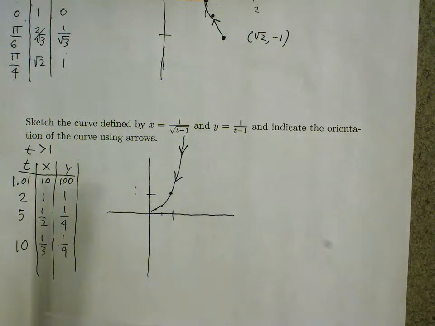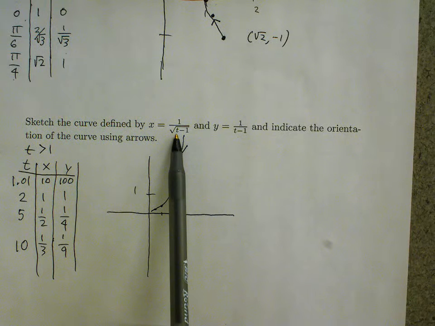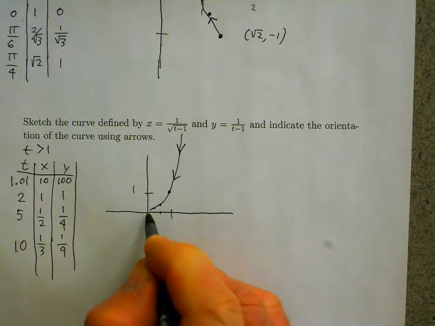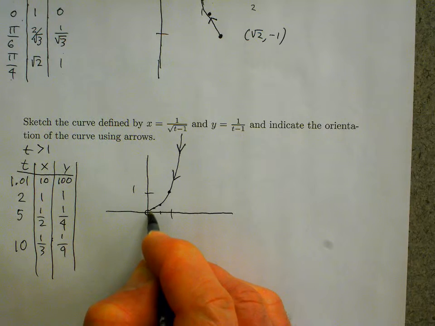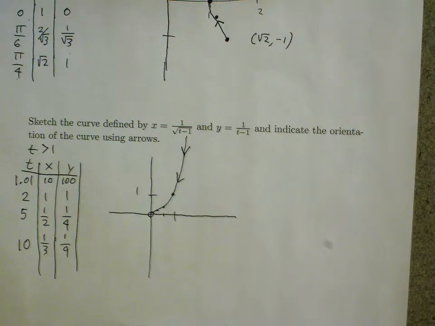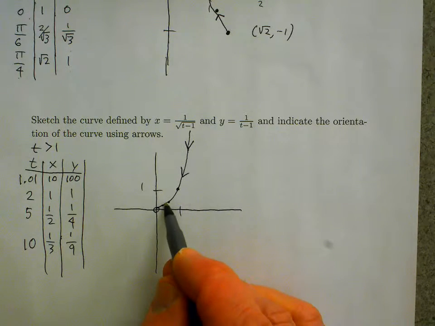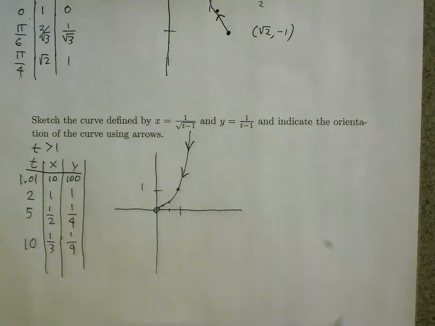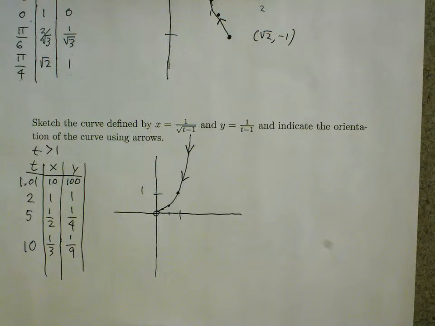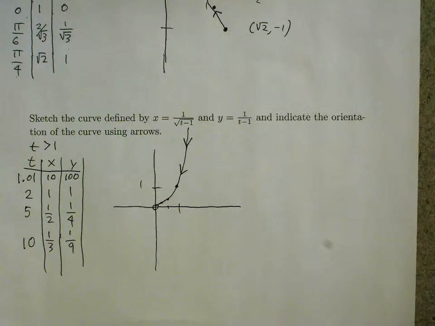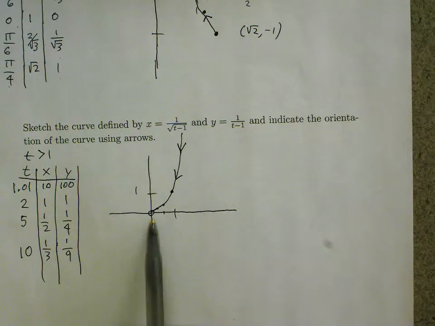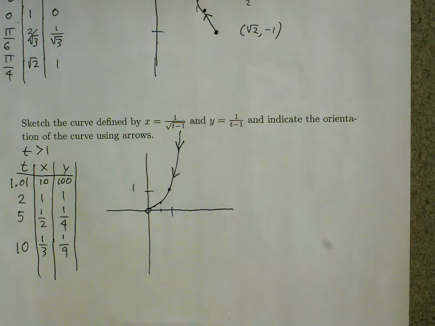And since t never can actually get to 1, we're going to have an open circle at 0, 0. But in the abstract, the curve gets as close to that point as you can think of, without actually getting to the point. So that's the graph of that parametric equation.